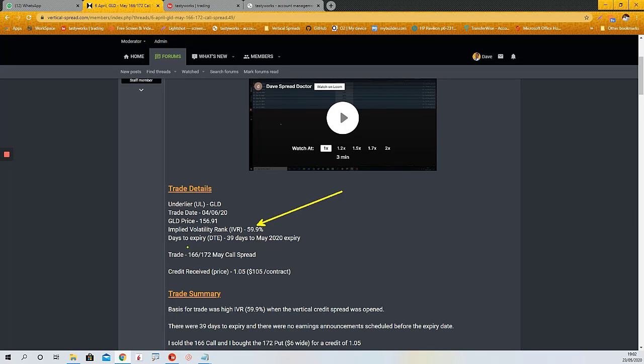I sold the 166, 172 call. And at the time, GLD was at 156.91. So my short strike is $10 away from where the market was when I opened the position.